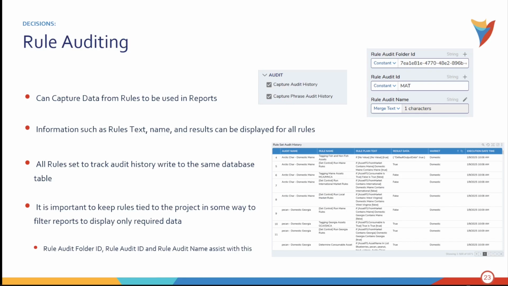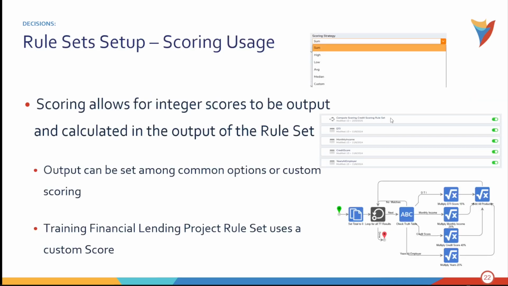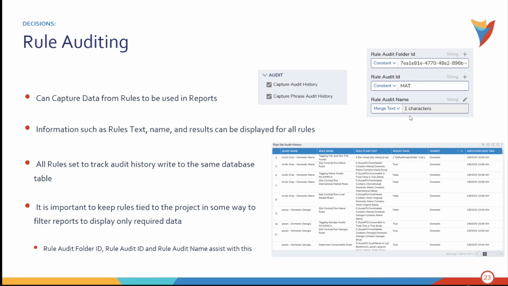So if you are in a flow designer, you have a rule, a truth table, a matrix rule, rule sets, whatever, you'll see the option to capture audit history or capture phrase audit history in the properties on that flow step. If you select any of these options, you'll have 3 new inputs that get added to the other inputs on that particular rule set.